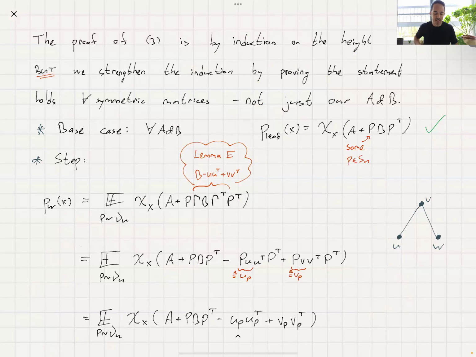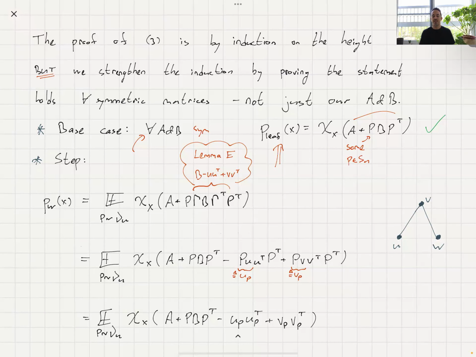So let's see. So the base case, indeed, for every A and B, not just for our A and B, but it doesn't really matter here. P of a leaf is a characteristic polynomial, rather than an expectation over those. And the characteristic polynomial of some symmetric matrix, because A and B are symmetric, for every A and B symmetric, of course.